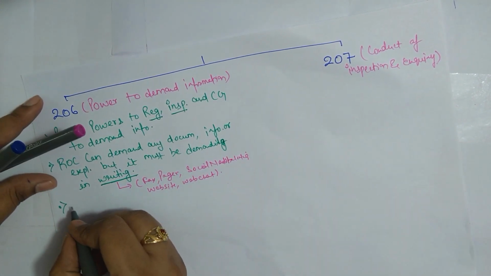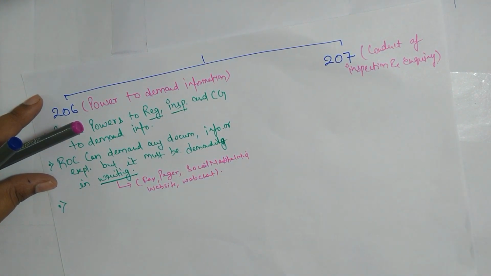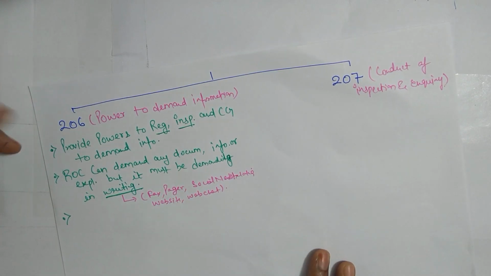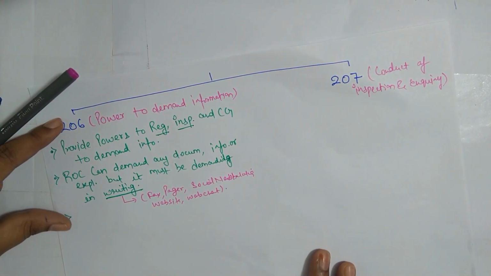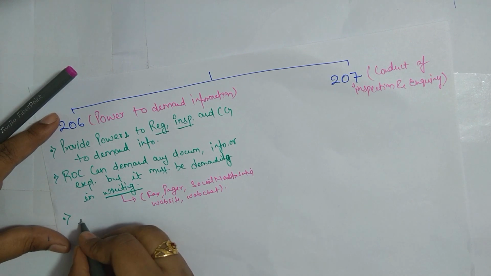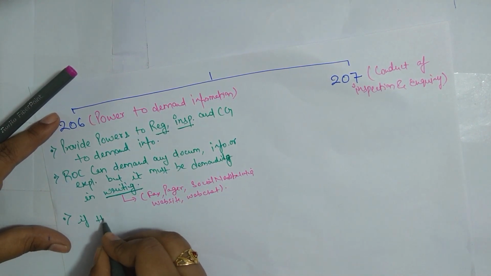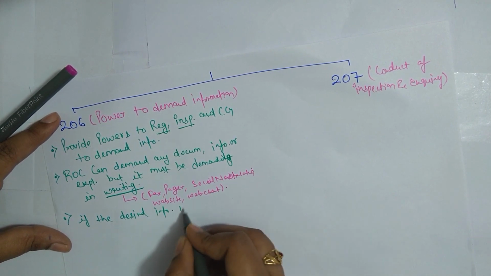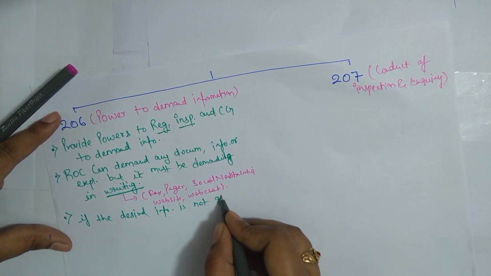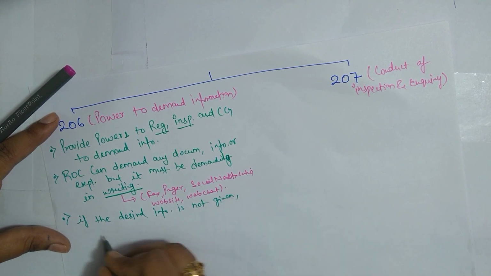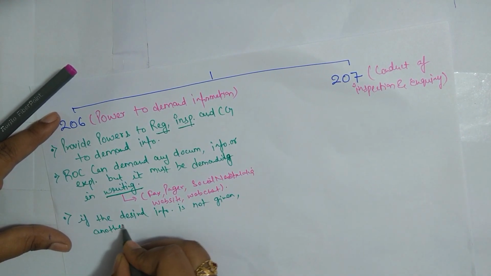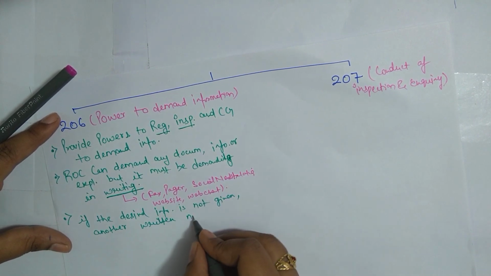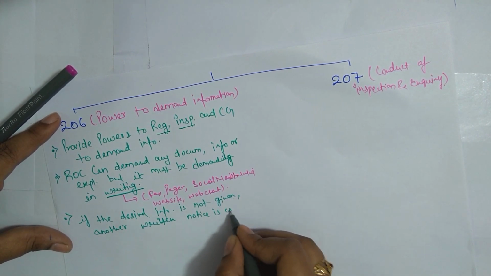Next topic: if the demand made by ROC is not met, then ROC must compulsorily give another written notice. If the desired information is not given, a second written notice by ROC is compulsory.